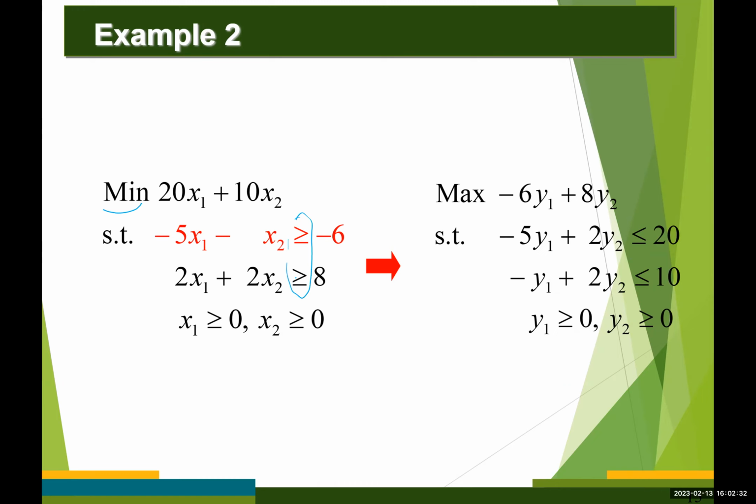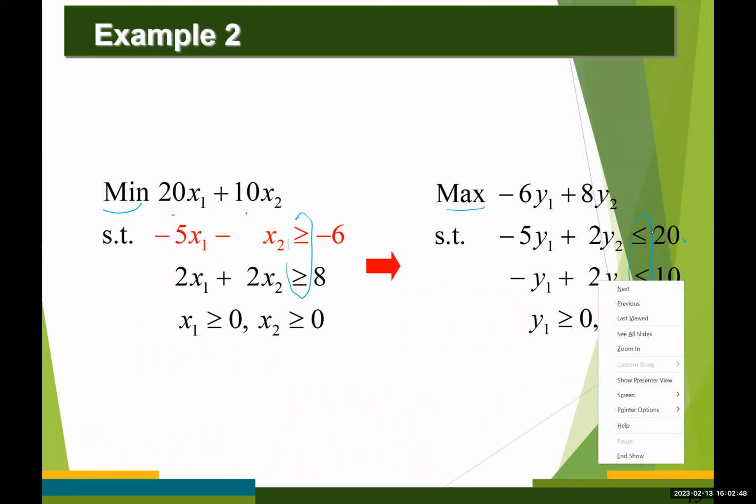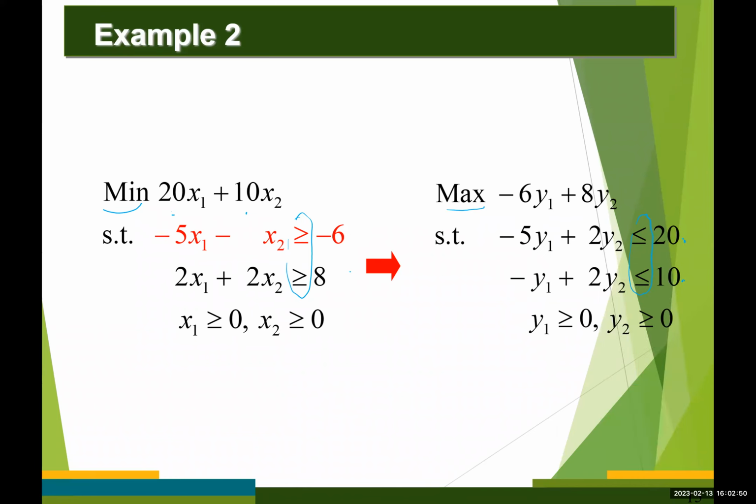In the dual problem, we have maximization with less than or equal constraints. The objective coefficients 20 and 10 become the right-hand side values in order. And the right-hand side values, -6 and 8, become the objective coefficient values.